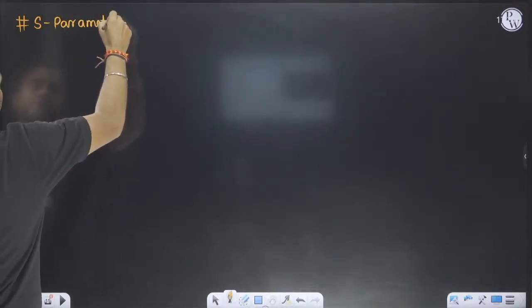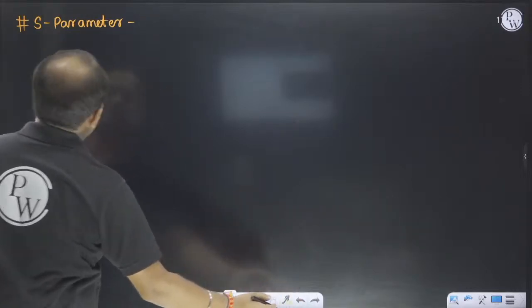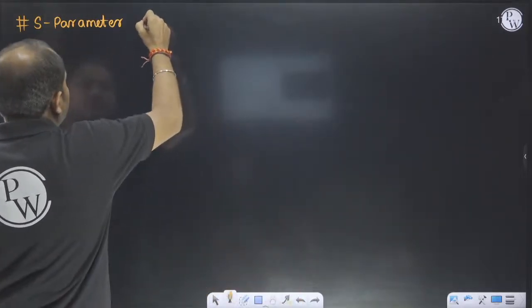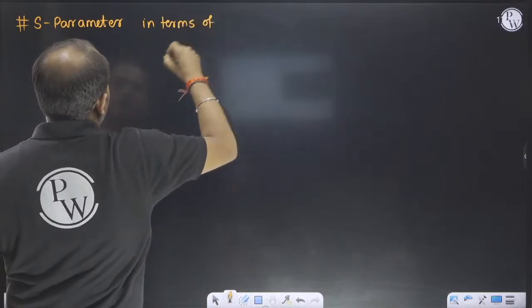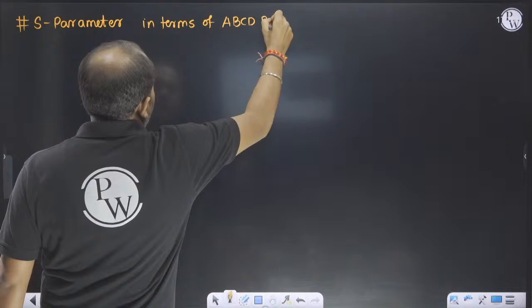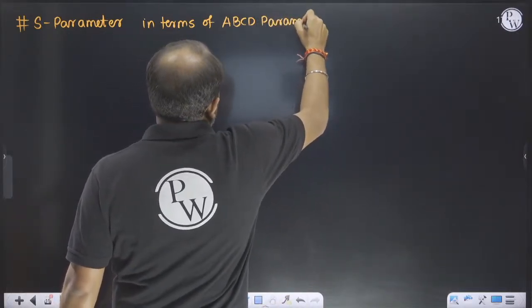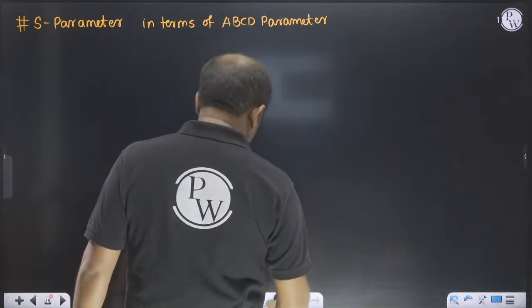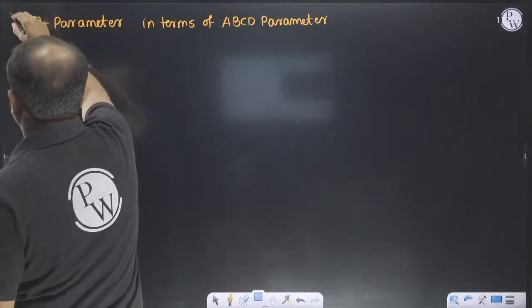This is a very, very important equation in terms of the ABCD parameter, which is also known as the transmission line parameter.